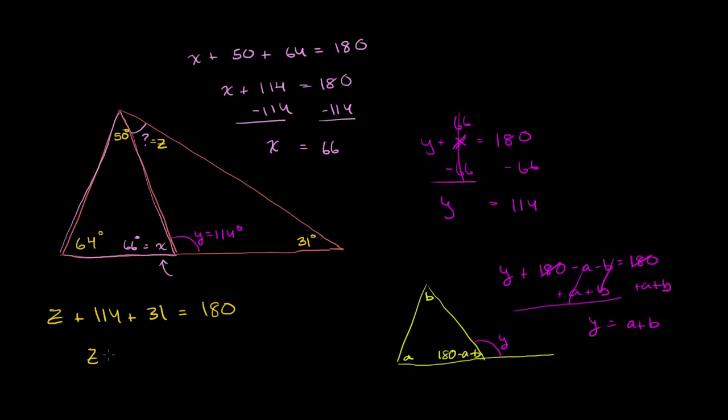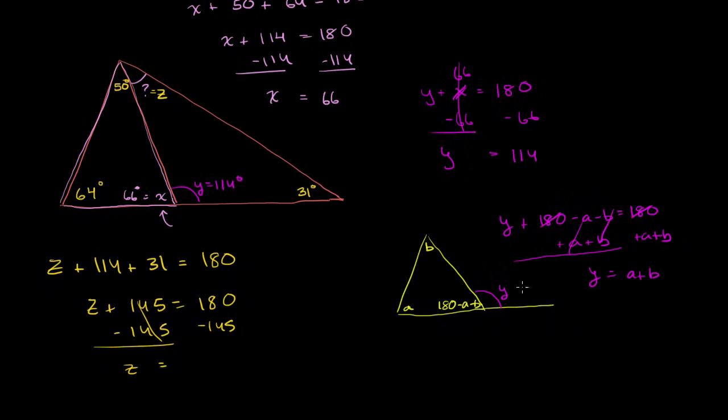So we get z plus, what is this, 145? 145 is equal to 180. Did I do that right? We have a 15 and then a 30. Yep, 145 is equal to 180. Subtract 145 from both sides of this equation, and we are left with z is equal to 180 minus 145 is equal to 35. So z is equal to 35 degrees, and we are done.